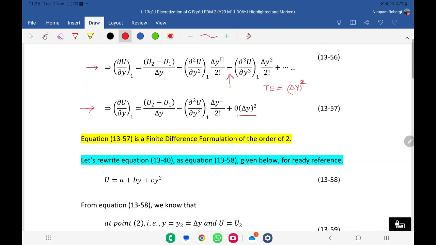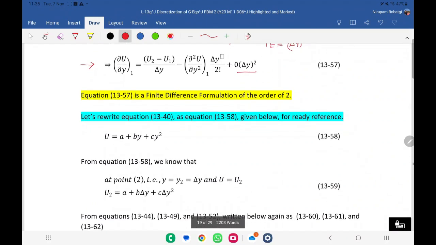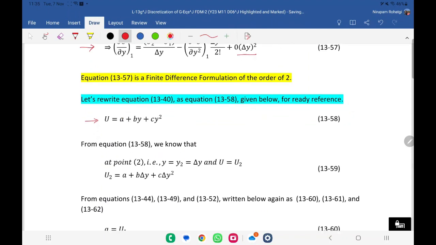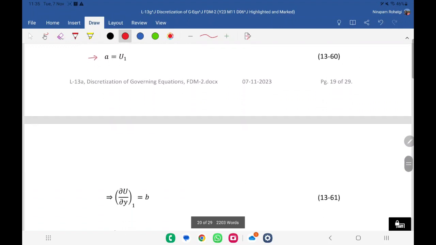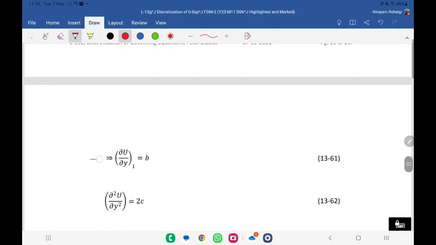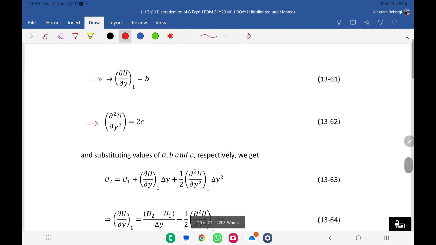Okay, so how do we do it? Our equation is this: u is equal to a plus by plus c square. Now we know u2 is equal to this much, and a is equal to u1, we already know. This derivative we know, this we know, we have already done them.